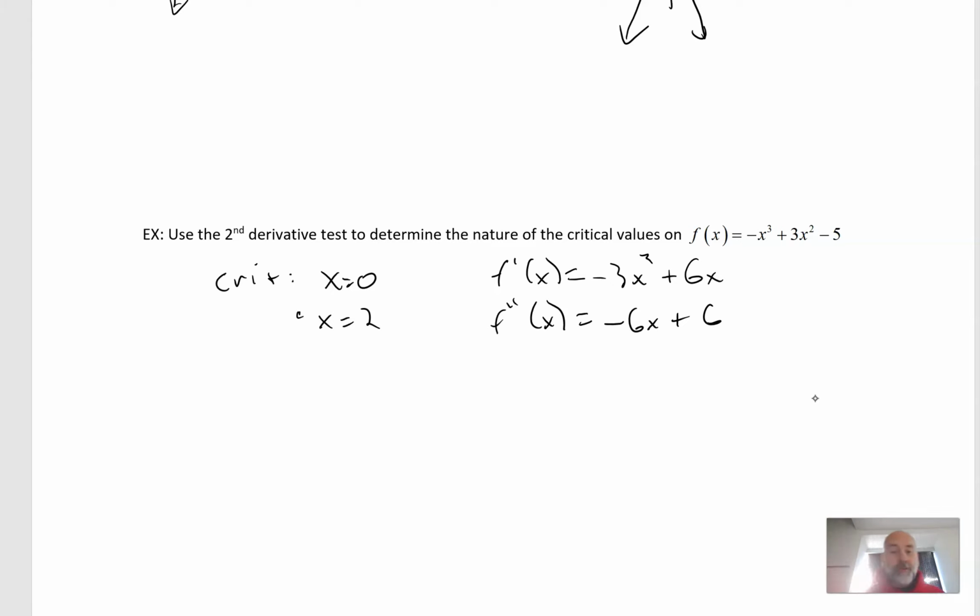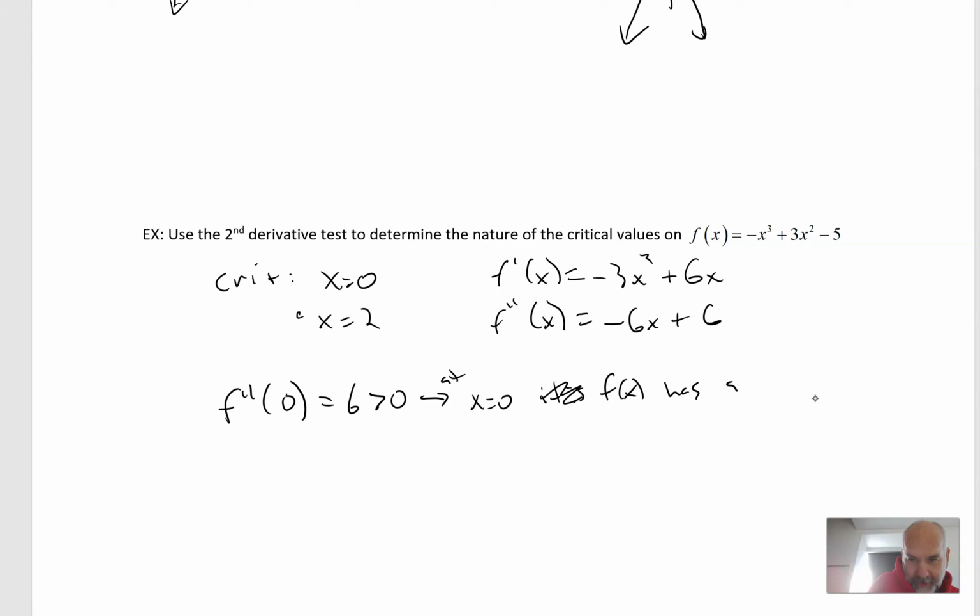To do the second derivative test, you ask, what's the second derivative at 0? I know it's a critical number, so what's the value of that? f double prime of 0 is 6, which is greater than 0. Therefore, at x equals 0, f of x has a local, the second derivative is positive.